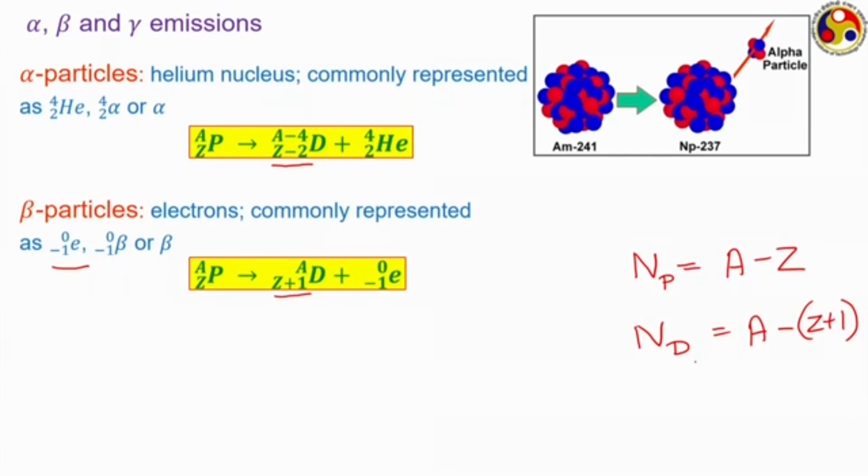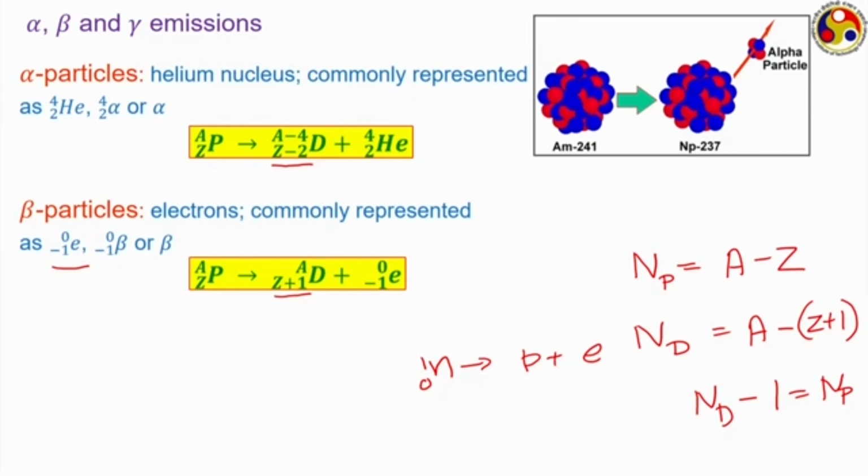So, it is very clear if we compare between the two, that the daughter is actually having 1 neutron less than the parent, and this can be visualized as 1 neutron, which as per our convention we represent as 0 n 1, gets converted to 1 proton and 1 electron.